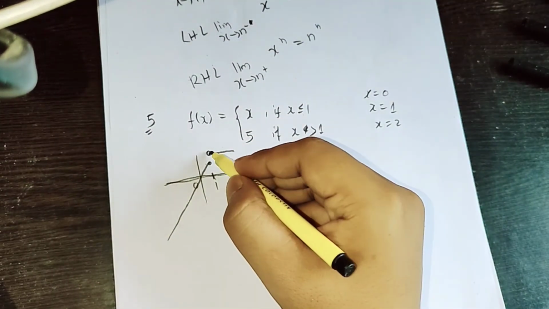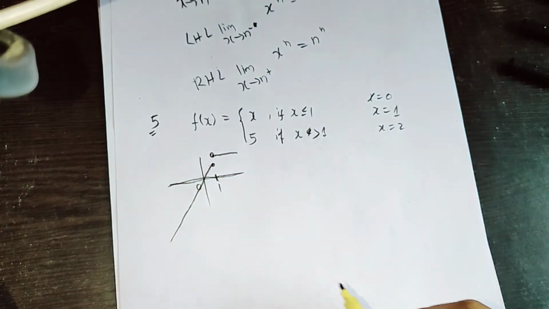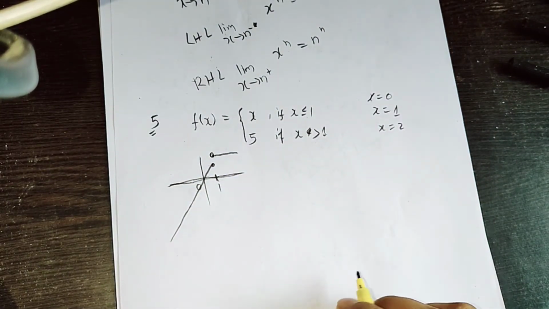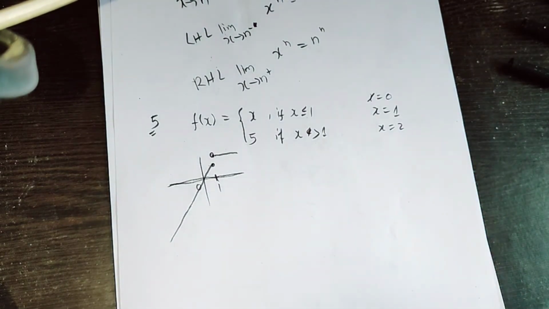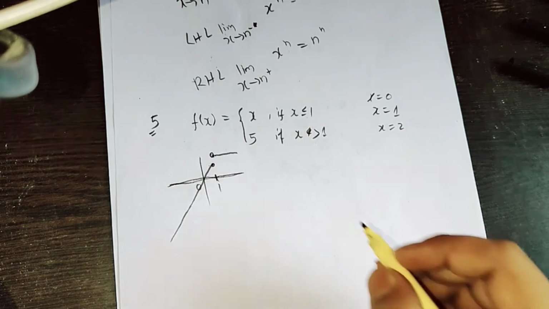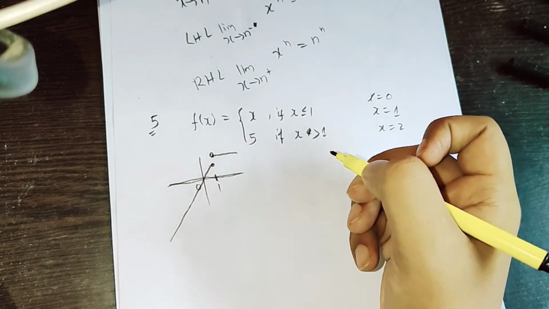And now you can see that there is a huge gap between them, so it is a discontinuous function at x is equal to 1. Got it? So we have to see whether it is continuous or not at x is equal to 0.